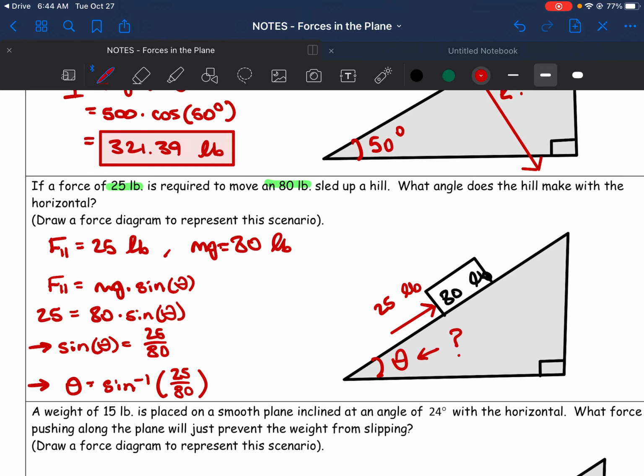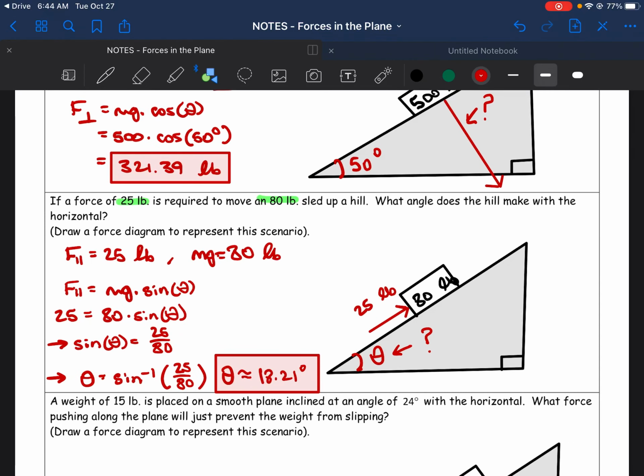And using our calculator, again set to degrees, this would tell us that theta is approximately equal to 18.21 degrees. All right, so the angle that the hill makes with the horizontal is 18.21 degrees in this example.